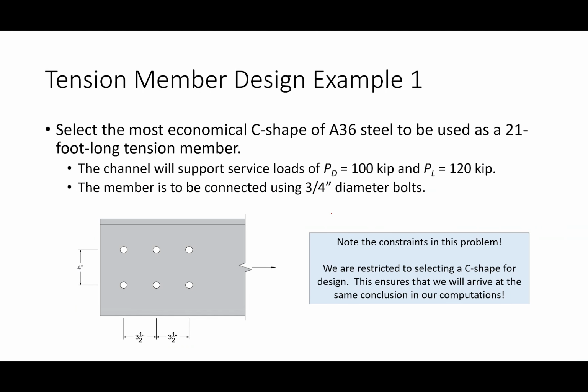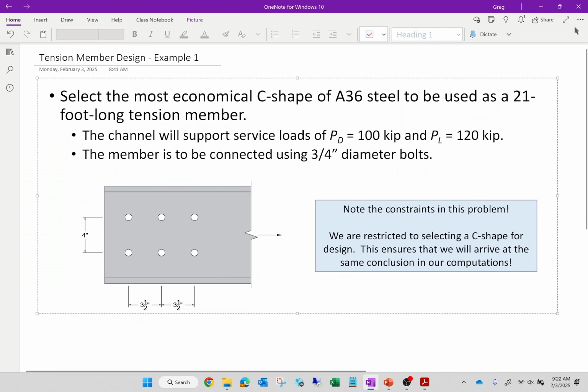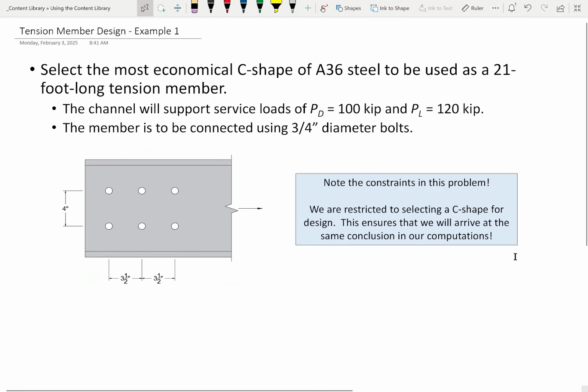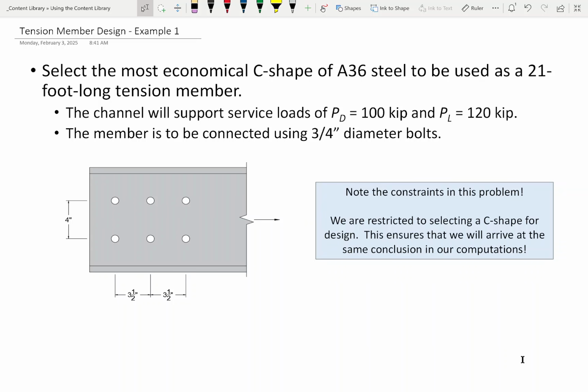Okay. So this is going to be our problem for today. We're going to select the most economical channel, a C shape, out of A36 steel to be used as a tension member.